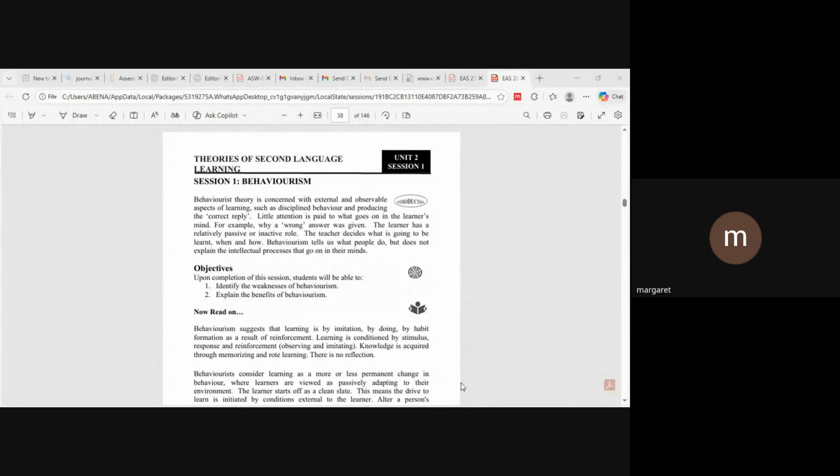So until the instruction is given, the learner is passive. The learner doesn't have anything to produce in the learning context. Learning is directly dependent on the instructor. Right. So that is the basic tenets regarding behaviorism as a theory for learning and a theory for language learning.